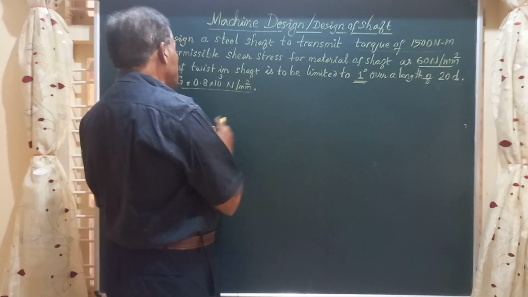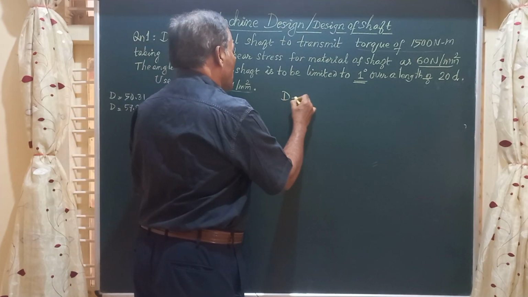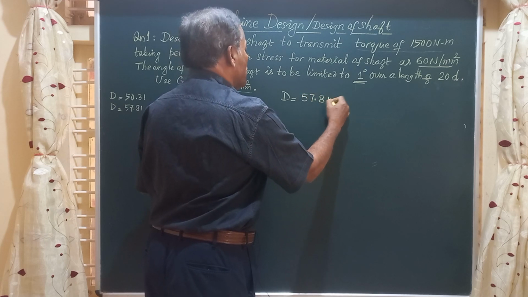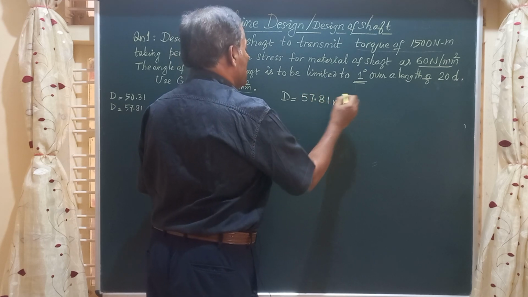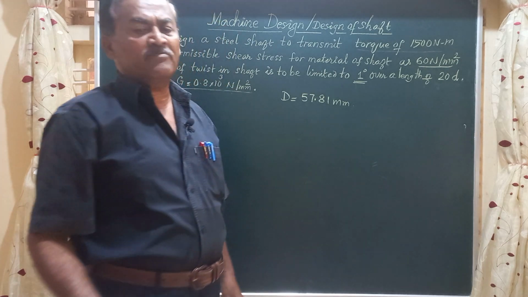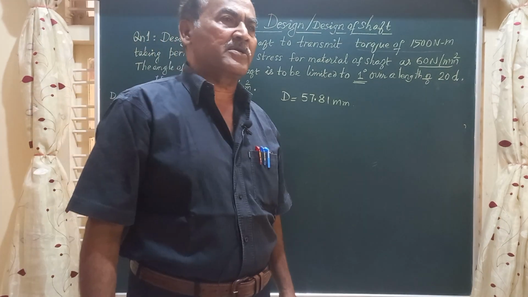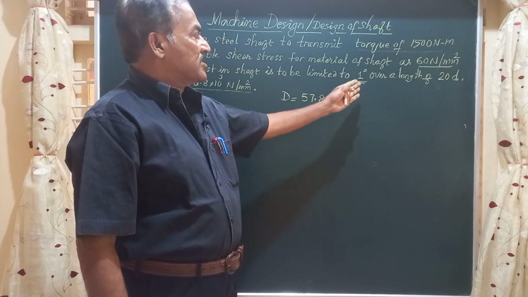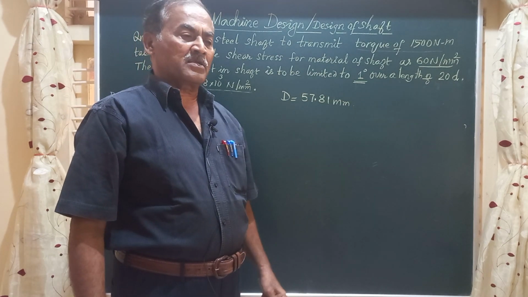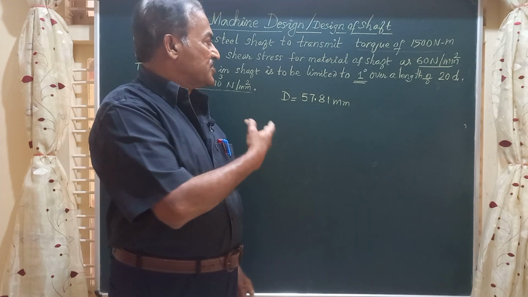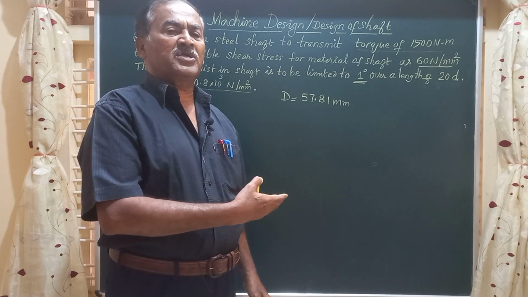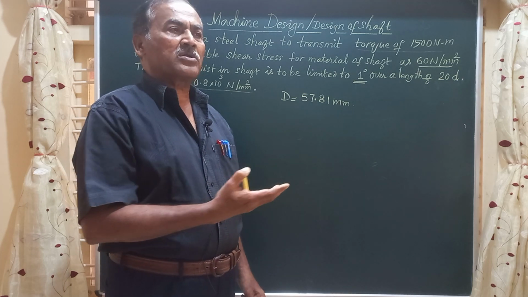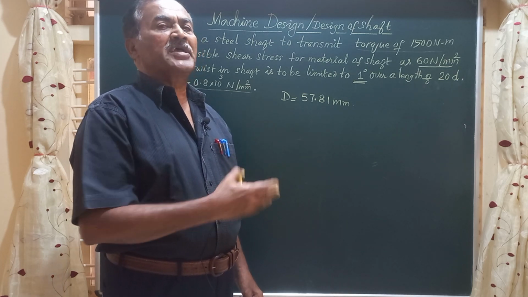So friends, we are going to take D is equal to higher of the two, D is equal to 57.81 millimeter. Friends, this is the minimum shaft diameter required to transmit the given power by limiting the twist to 1 degree. But if this is the shaft diameter required, it has to be turned in the machine shop or you have to get it made to order.